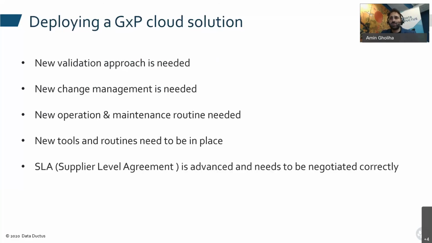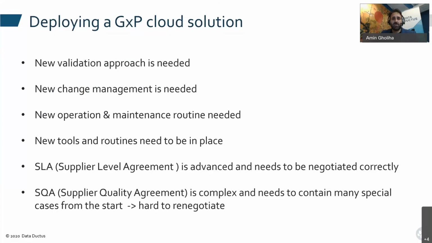And furthermore, something we see a lot: customers are neglecting the SLA, and they are using standardized SLA agreements. The negotiation needs to be done in a proper way, because renegotiating this is going to be very difficult. And the same goes with the supplier quality agreement.